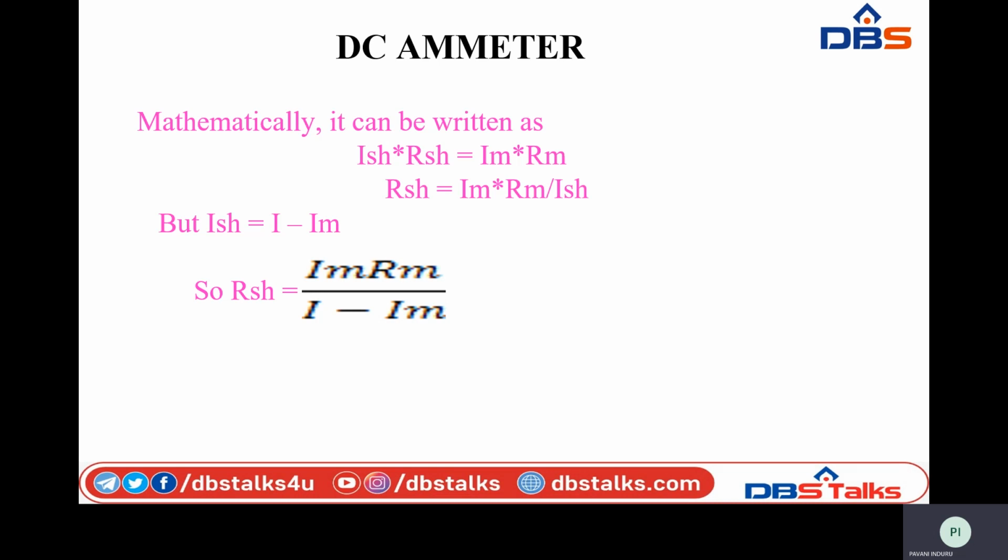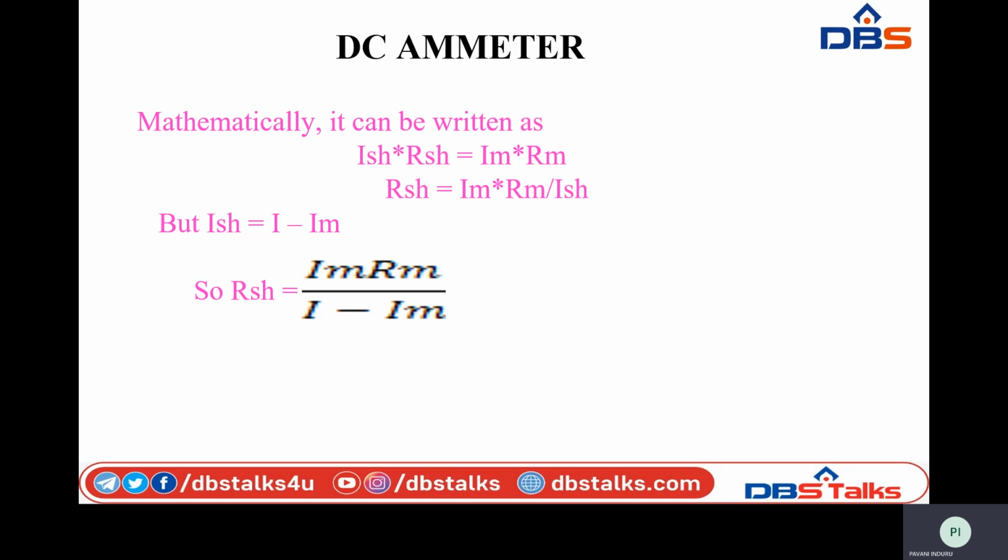ISH into RSH is the voltage VSH at the shunt resistance, and Im into Rm is the voltage Vm at the PMMC galvanometer. Since these two are in parallel, both VSH and Vm are equal. We are going to determine the formula for the shunt resistance across the PMMC galvanometer.